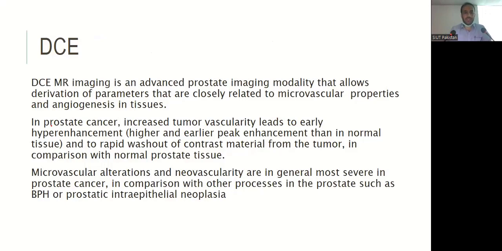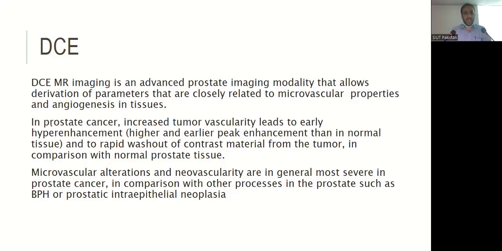Dynamic contrast enhanced MR imaging is one of the advanced prostate imaging modalities that allows derivation of parameters closely related to microvascular properties and angiogenesis in tissues.